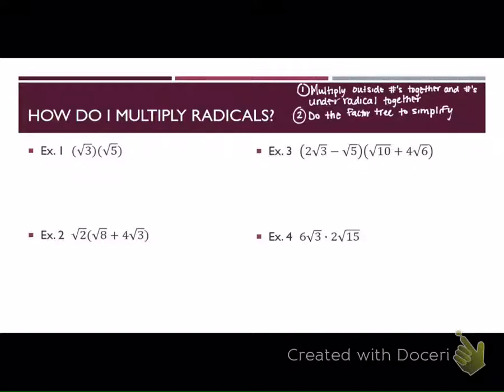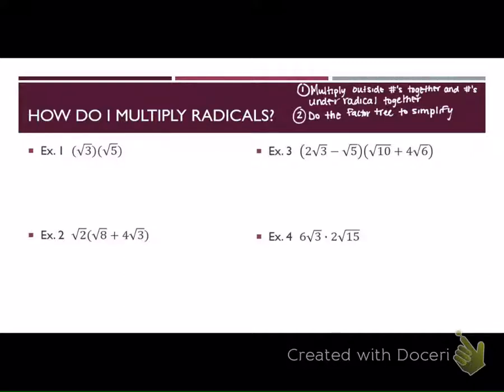Or infinity, or invisible numbers. What is the thing that I hate? Imaginary numbers. We'll talk about that.